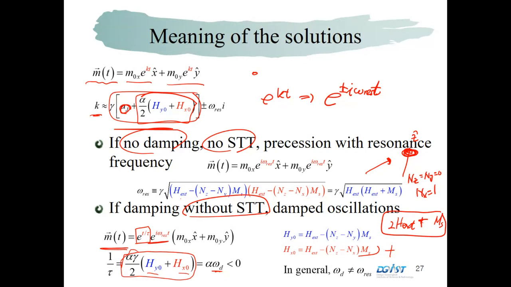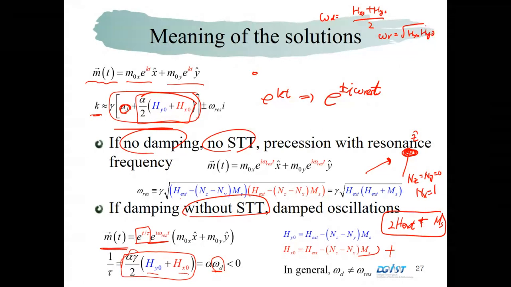So we can determine that omega d is the linear average of these two fields, while omega resonance is the geometrical average of these two fields.